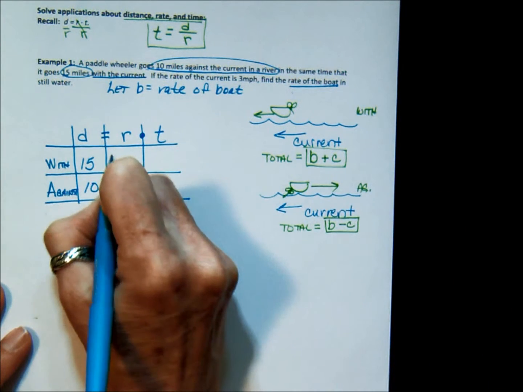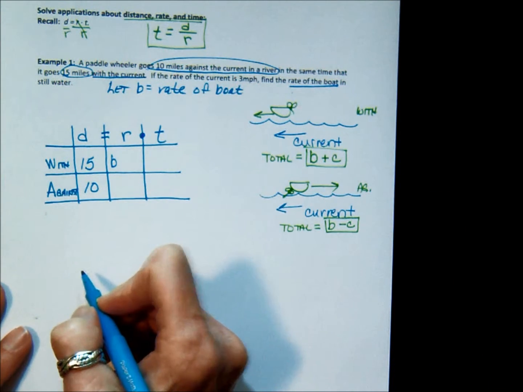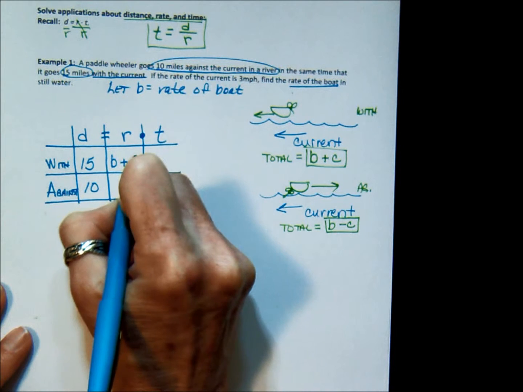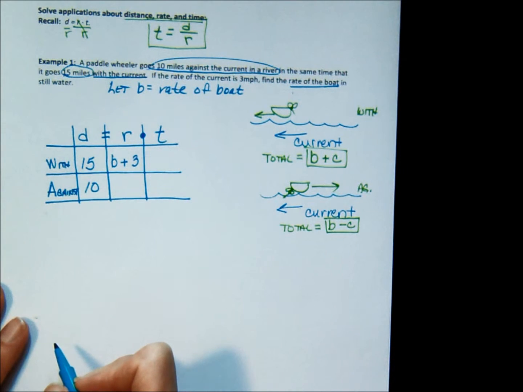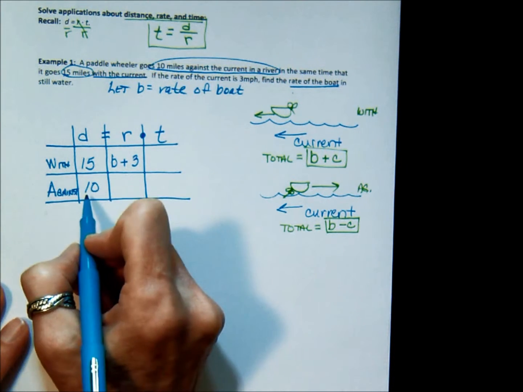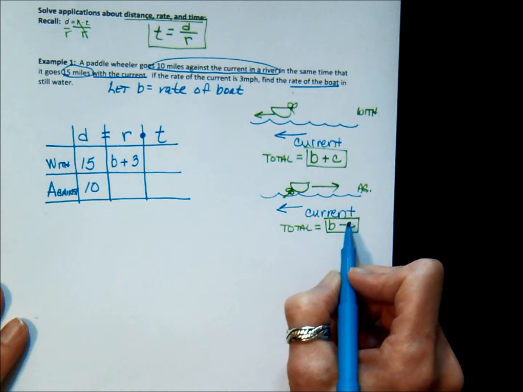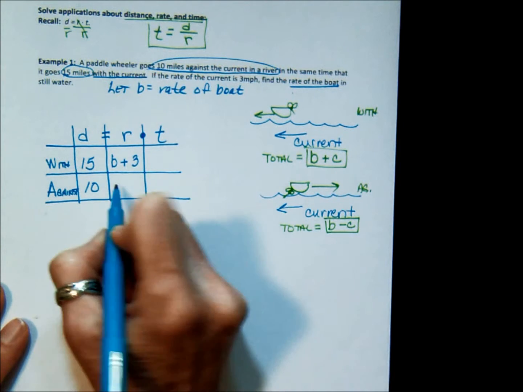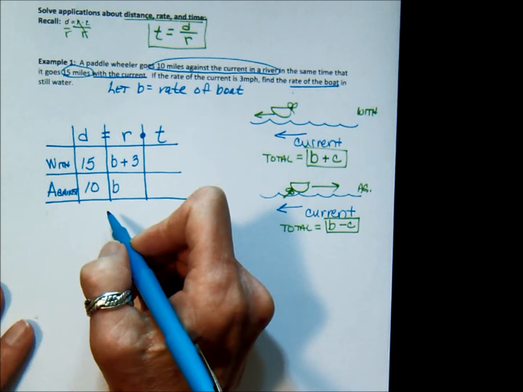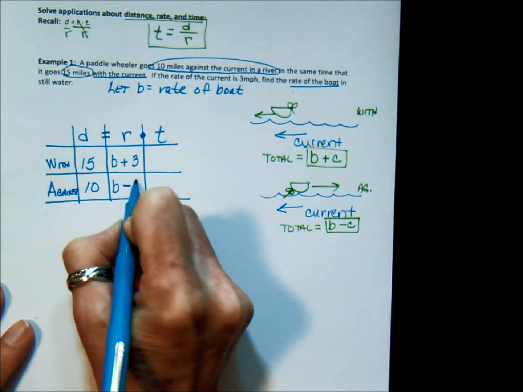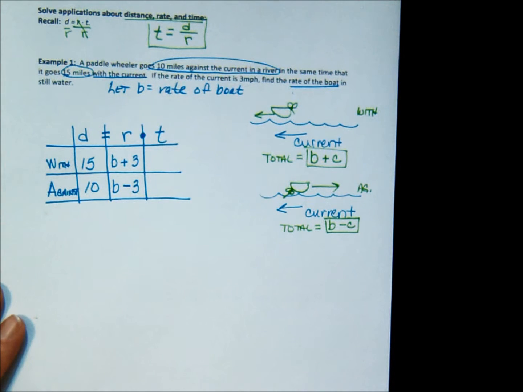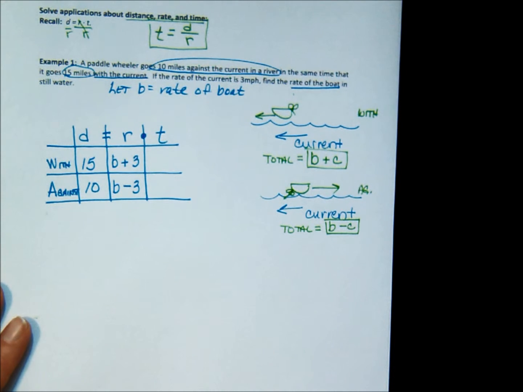So it's the rate of the boat, which we don't know, we call B, plus the rate of the current, which we do know. It's 3. Against the current, your total is going to be the rate of the boat minus the rate of the current. Rate of the boat, which we don't know, is B, minus the rate of the current. Now I have 4 of my 6 cells set up.